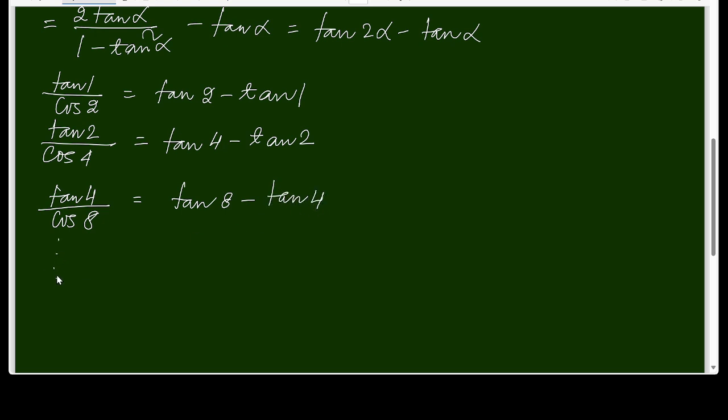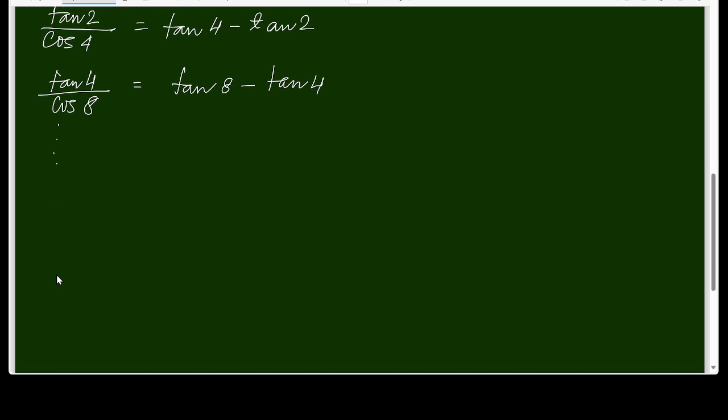And coming to the last term, the last term will be tan 2 power n over cos 2 power n plus 1 equals tan 2 power n plus 1 minus tan 2 power n.